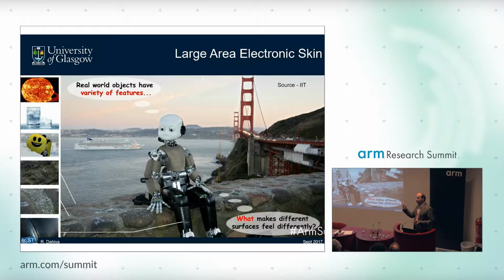It's not like vision, where you have two central points and everything is centered there. So large area is equally important, as well as multiple functionality to feel a range of parameters: hot, cold, glossy surface, textured surface. So you need distributed electronics and high performance as well, because for this type of task, the robot has to act very quickly. It is sensing and acting.